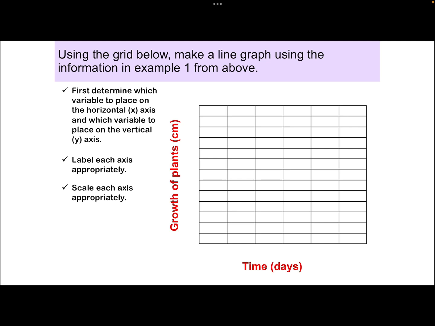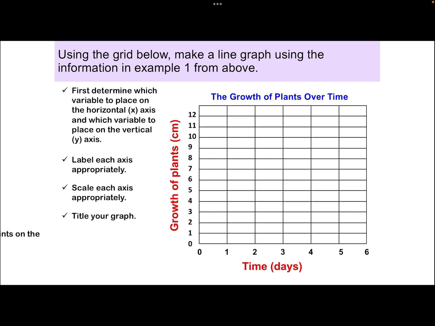Scale each axis appropriately. Title your graph. And plot the points of your graph. It's going to be up to you to plot the points on your graph.